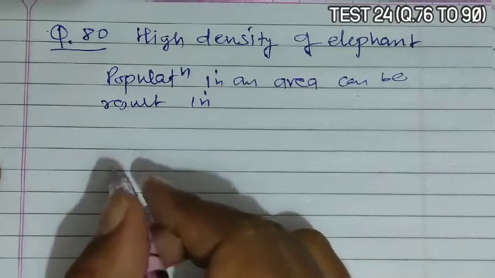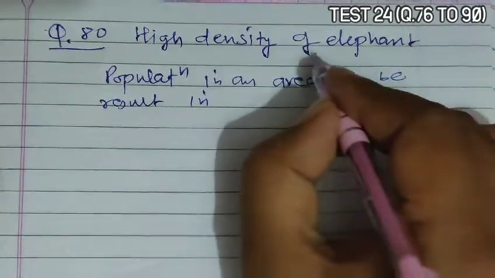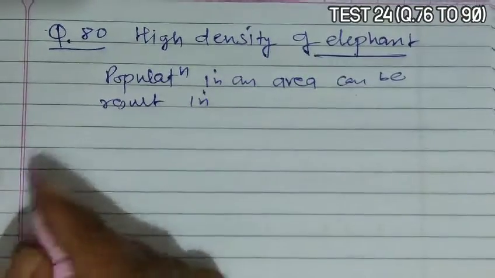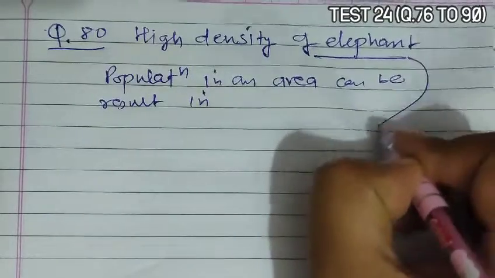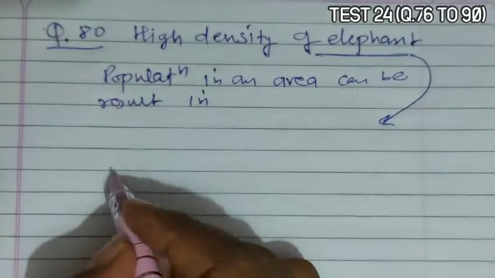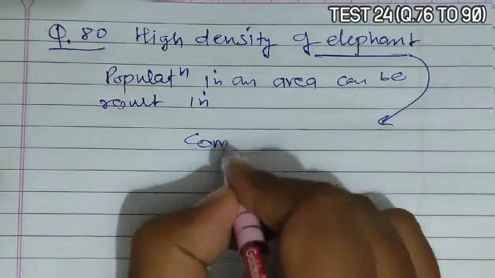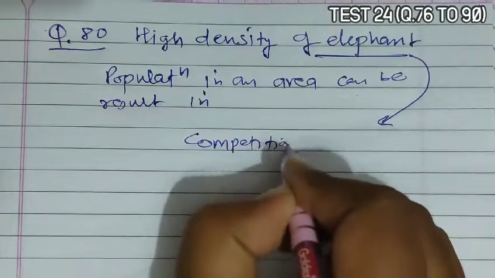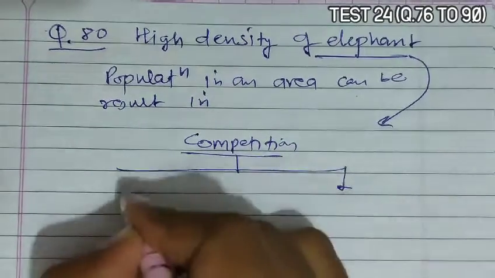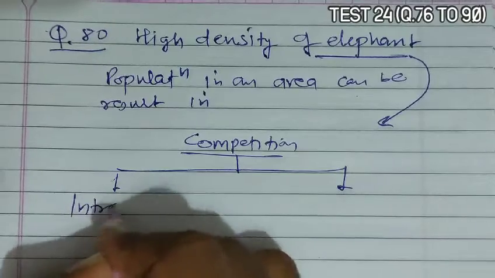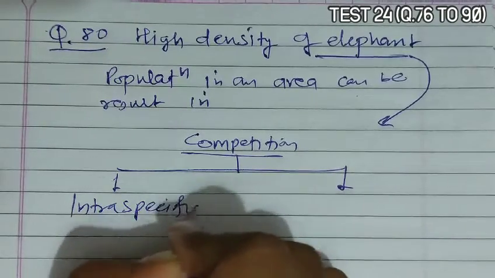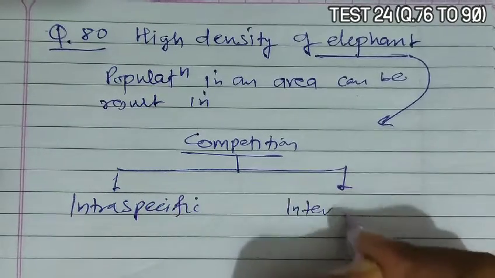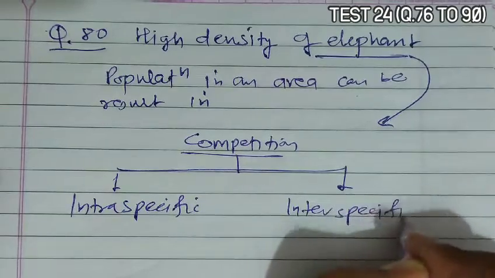Now if there is only elephant, then there can be a competition, and you know that competition is of two types, that is intraspecific and interspecific.